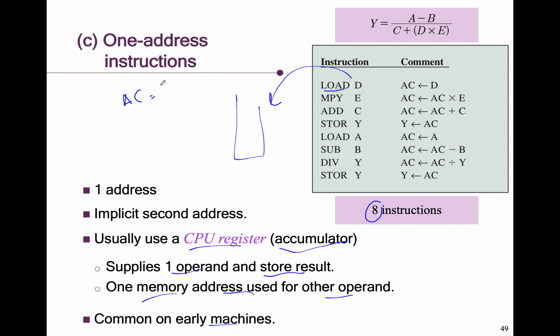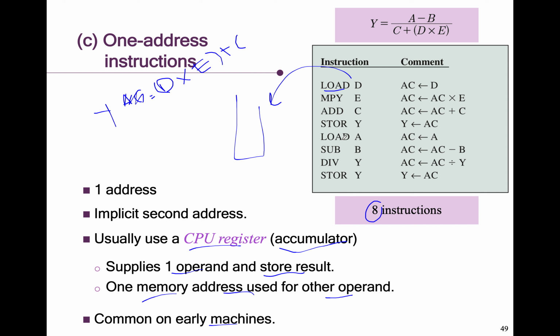So now the value is D. You're going to multiply this one with your E. And you're going to add after that the value with your C. These all you're going to store to Y. So now it will be as a Y.